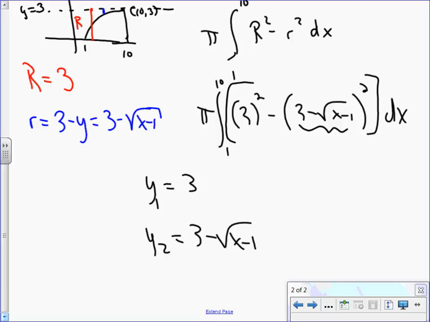I would put the thing that's being squared. And then on my definite integral, I would put the squares. But you could also put the squares in here and then just say Y1 minus Y2. Either way you want to do it. I just think too many parentheses in one place is where I start to run into trouble.